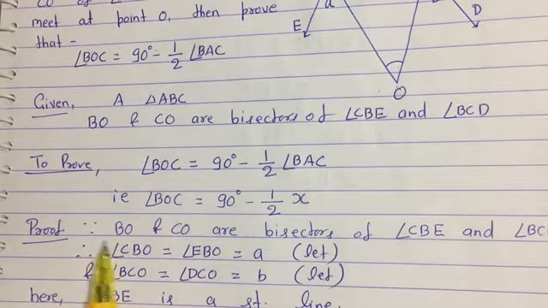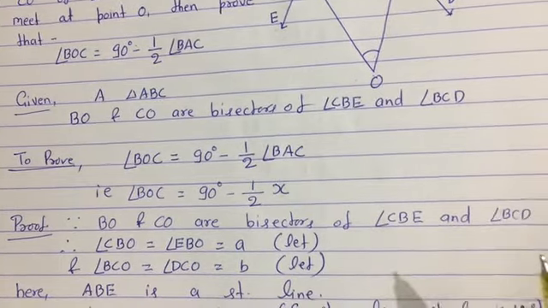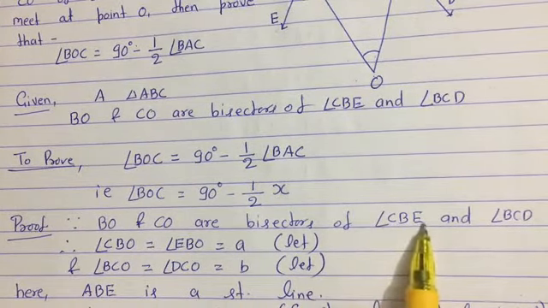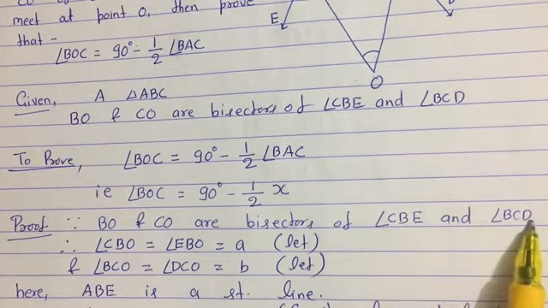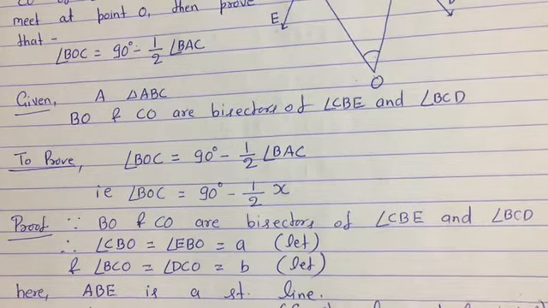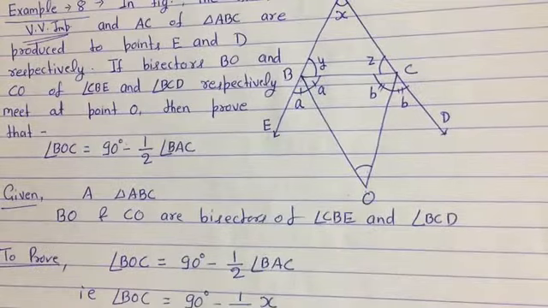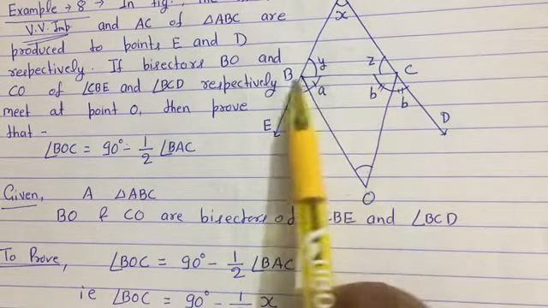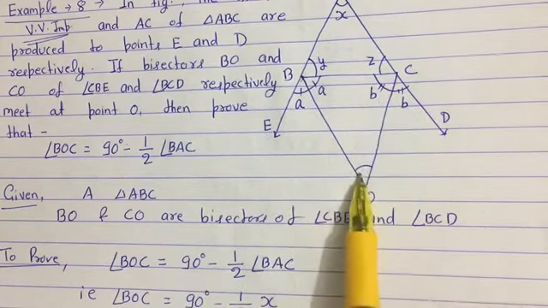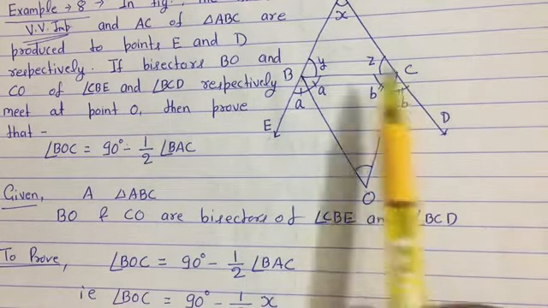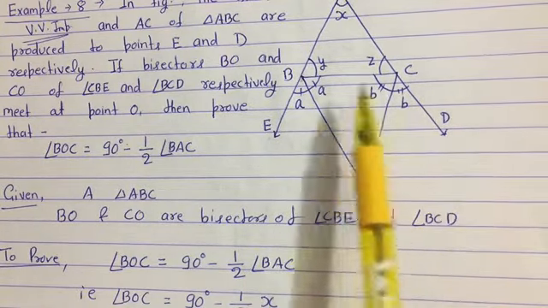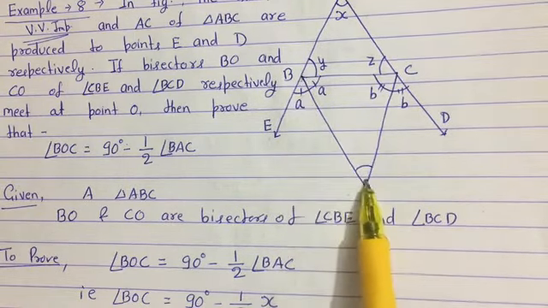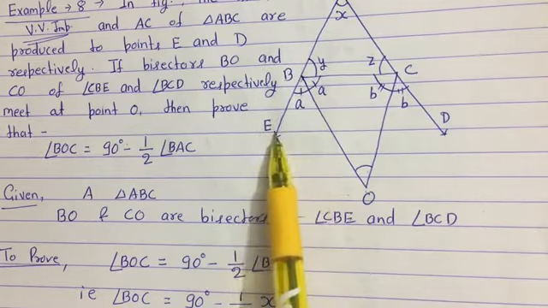Since BO and CO are bisectors of angle CBE and angle BCD, BO is a bisector of angle CBE and CO is a bisector of angle what? BCD. So what is the name of this part? CBO.